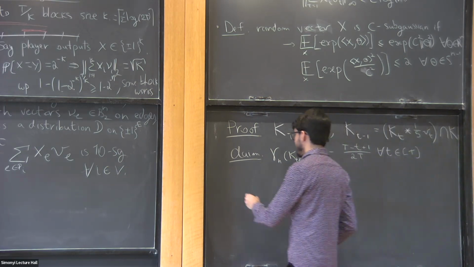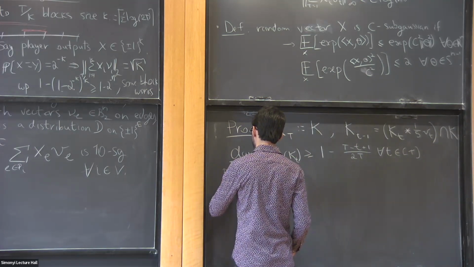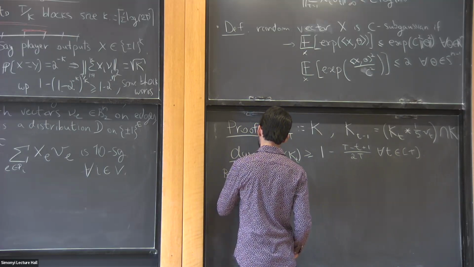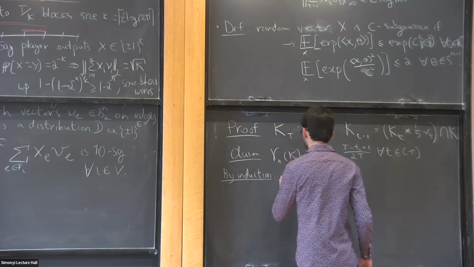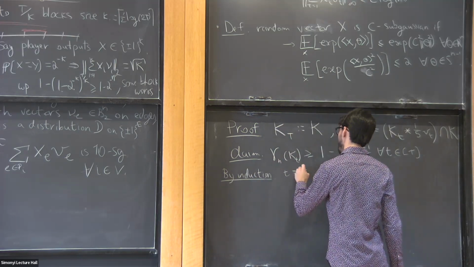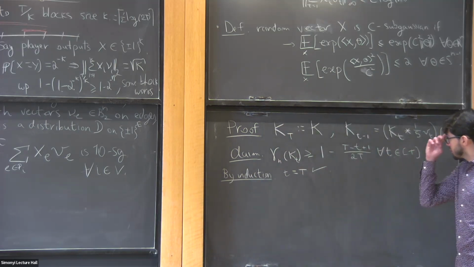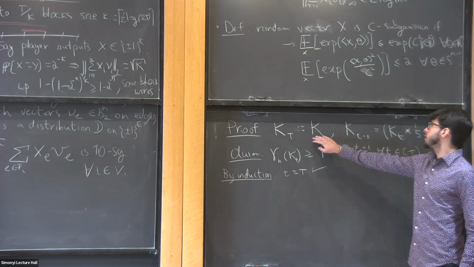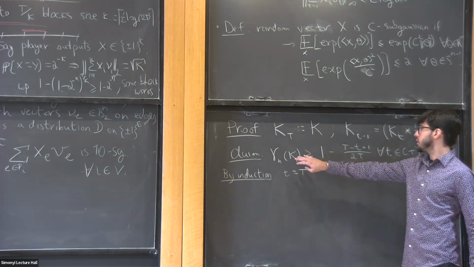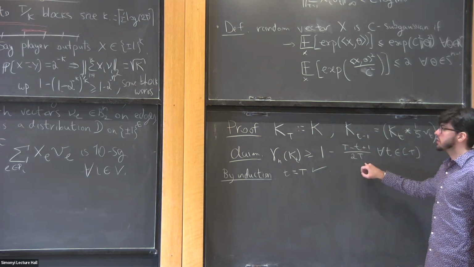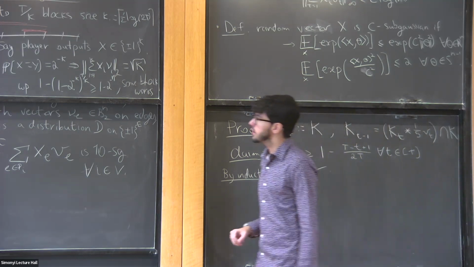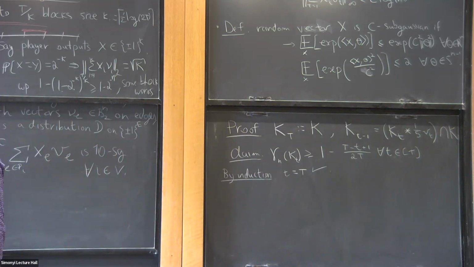We do this by induction, but induction backwards. For t equal to the last one, the convex body is just K, so the Gaussian measure is at least 1 minus 1/2t, because that's the assumption in the theorem.